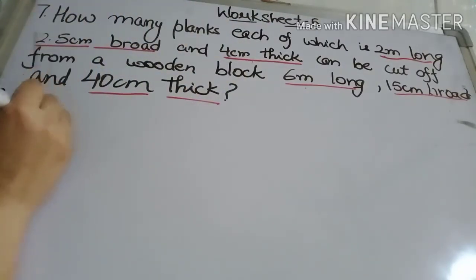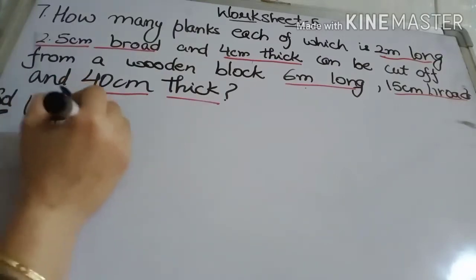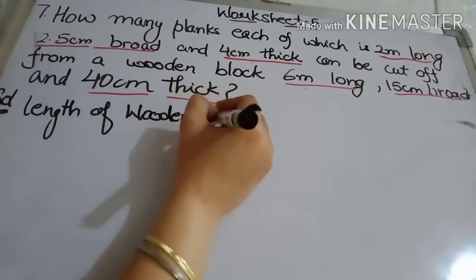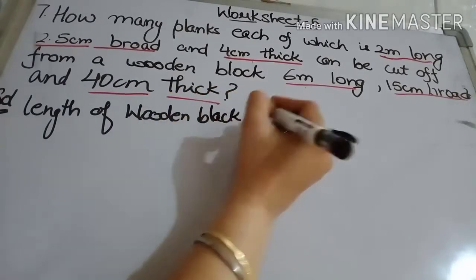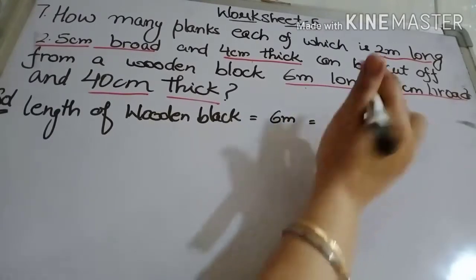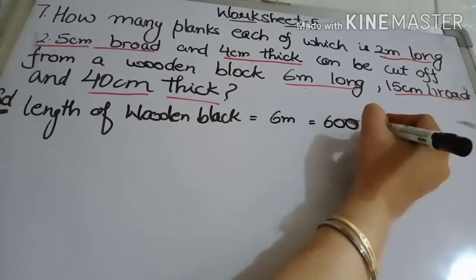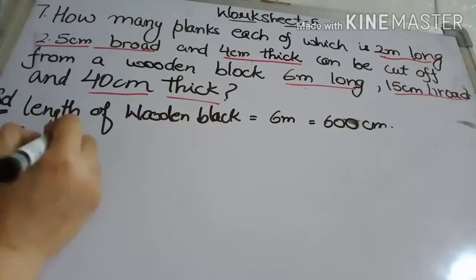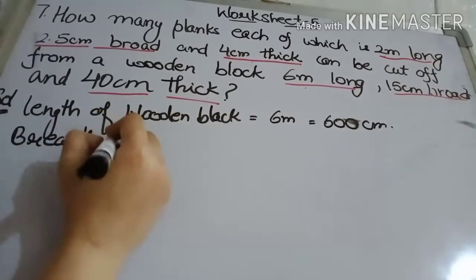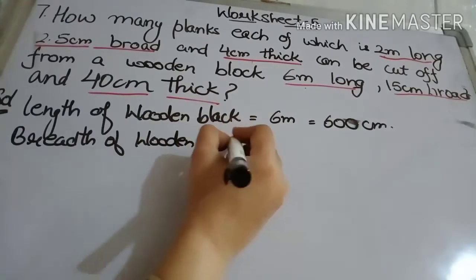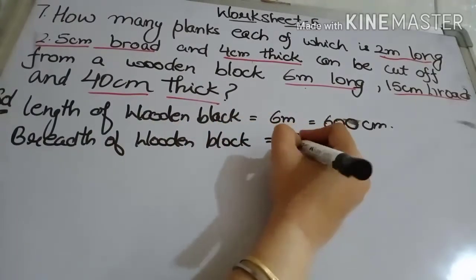First of all, the length of the wooden block is equal to 6 meter. It means 600 centimeter. Why 600 centimeter? 1 meter is equal to 100 centimeter. Breadth of the wooden block is 15 centimeter.